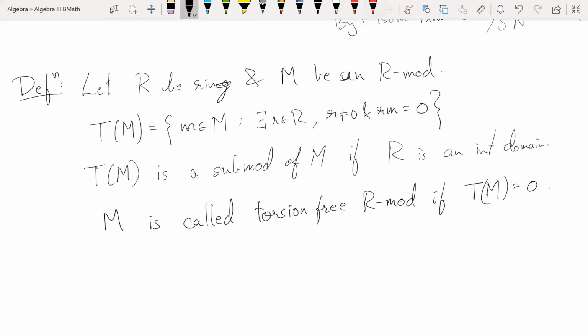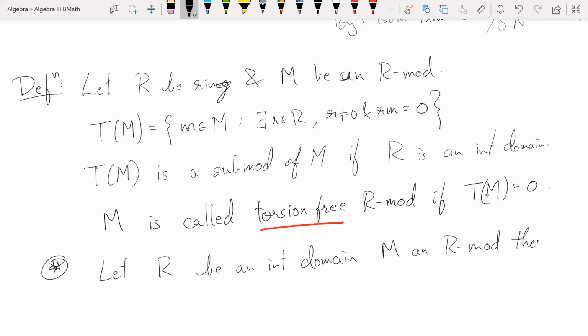So the first observation: let R be an integral domain and M an R module.